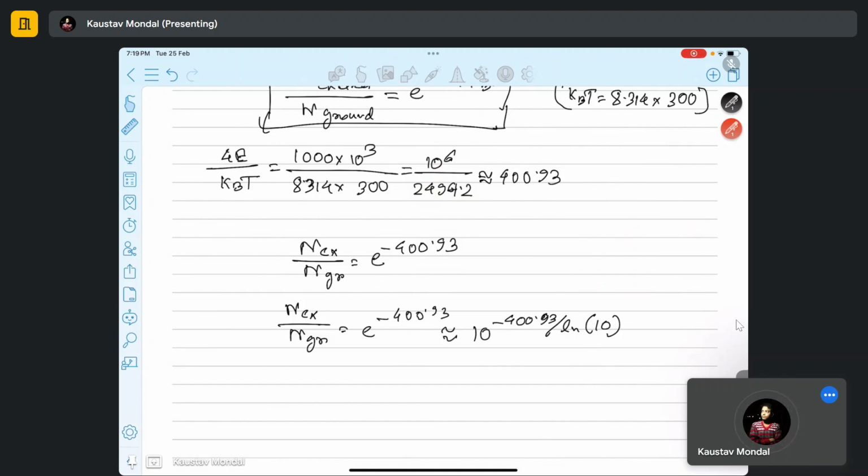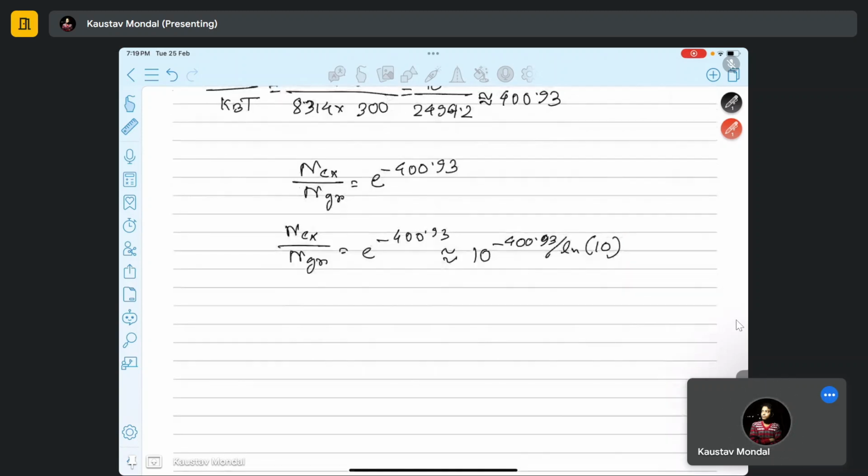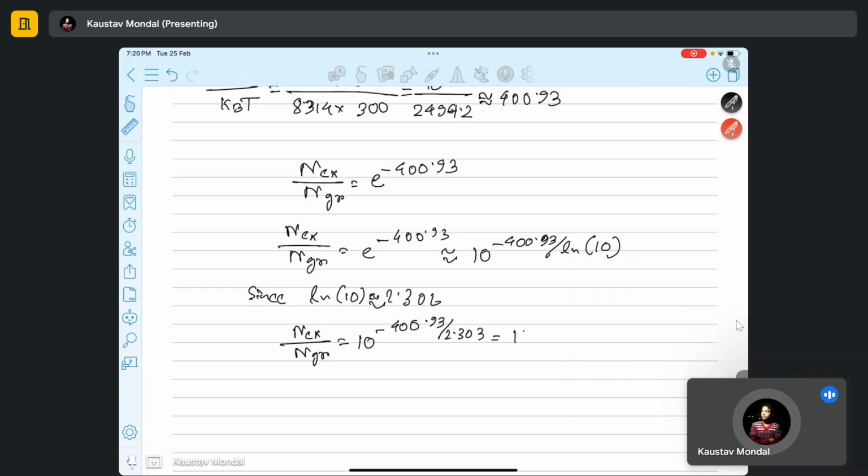So now, since ln 10 is 2.302, we can write n excited by n ground is equal to 10 to the power 400.93 by ln 10, that is 2.303, by 174.09.